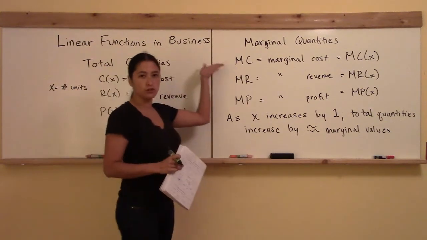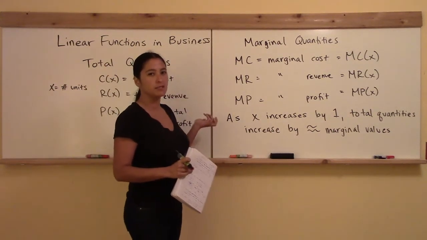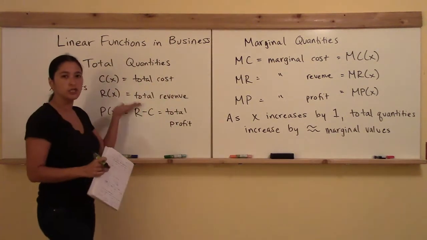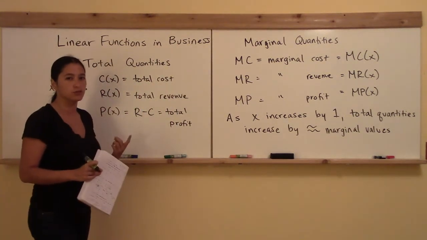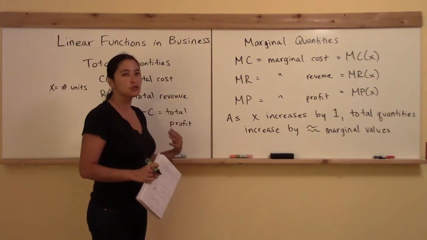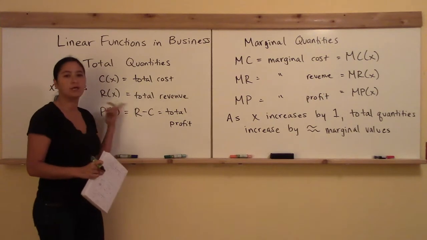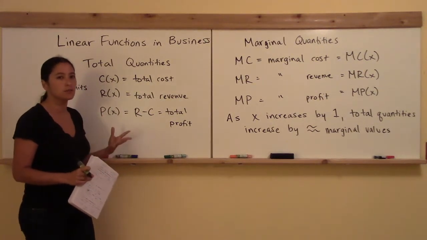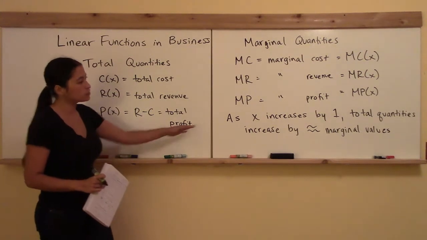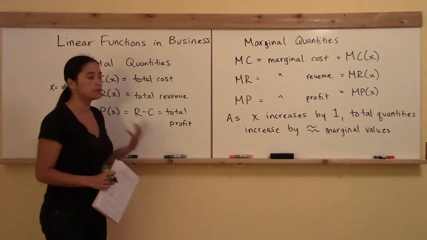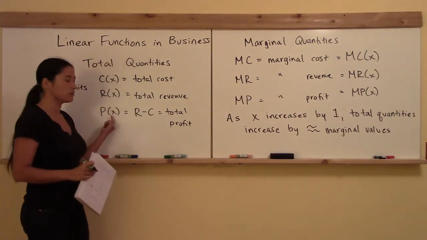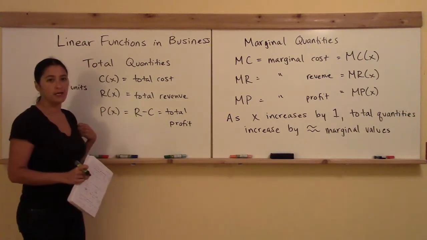Marginal cost is approximately how much my total cost changes when I'm producing just 1 extra unit. Marginal revenue is how much additional total revenue I'm going to bring in when I increase the number of items or units that I sell by 1. And marginal profit is how much my profits overall are going to increase as I increase the number of units by 1. Okay?